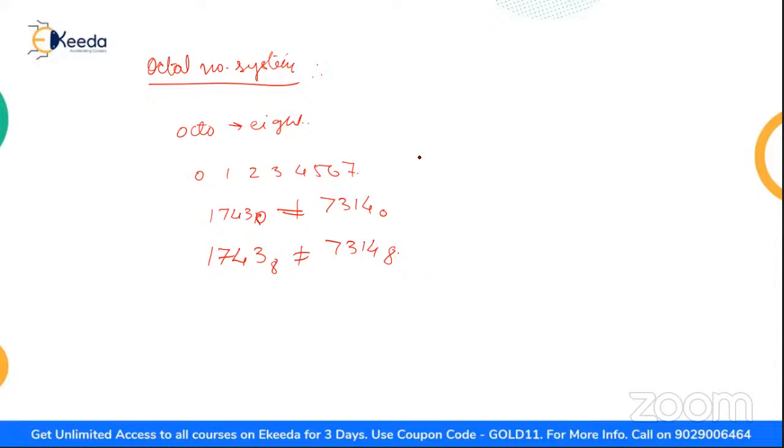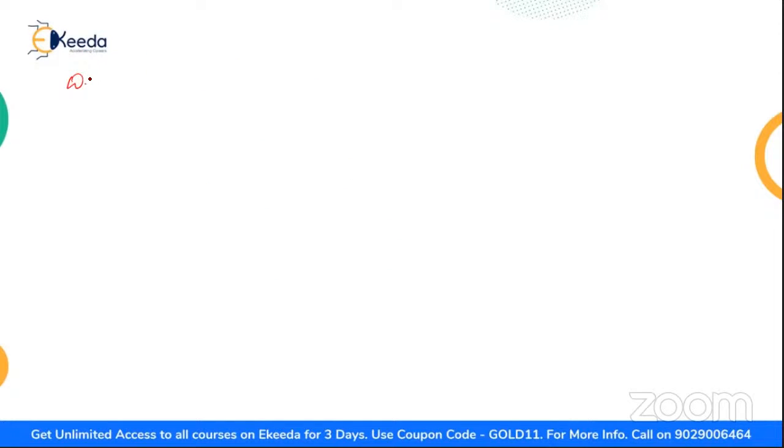So how to convert decimal to octal? First of all, we'll see octal conversion. We'll convert 37 octal to decimal.